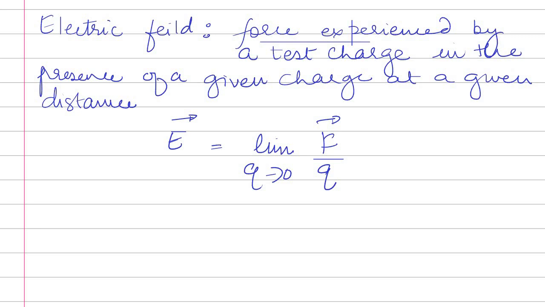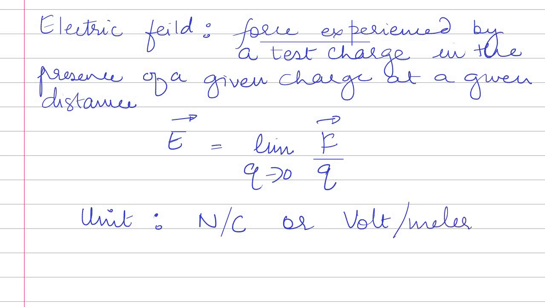The SI unit is Newton per Coulomb. So unit is Newton per Coulomb. Obviously, force is measured in newtons and Q is measured in coulombs, or volt per meter, V by M. Okay, the dimensions of electric field.